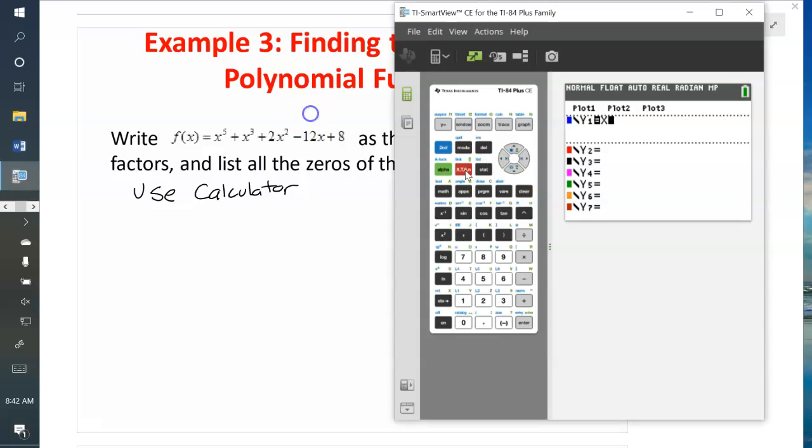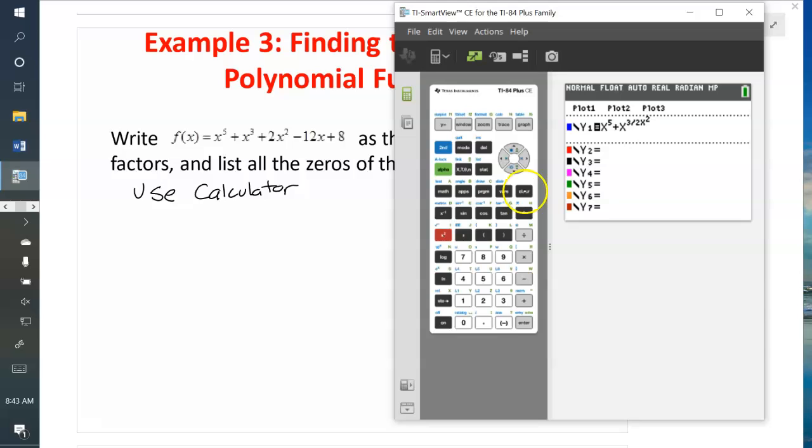So we're going to do x to the 5th plus x cubed plus 2x squared. Oops.